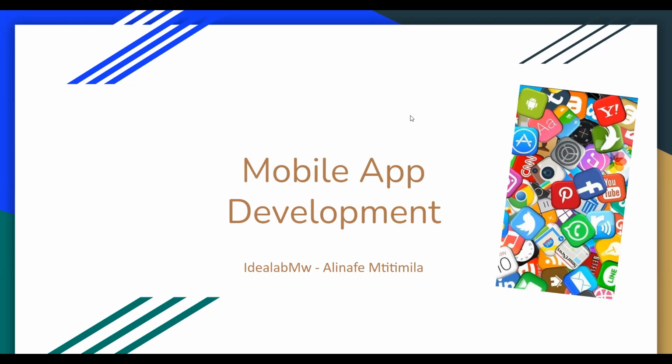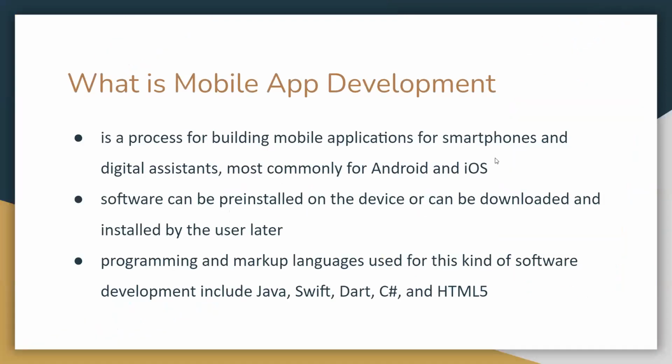First of all, we need to know what mobile app development is before we proceed to the next concept we want to learn in this course. Basically, mobile app development is a process for building mobile applications for smartphones and digital assistants, most commonly for Android and iOS.